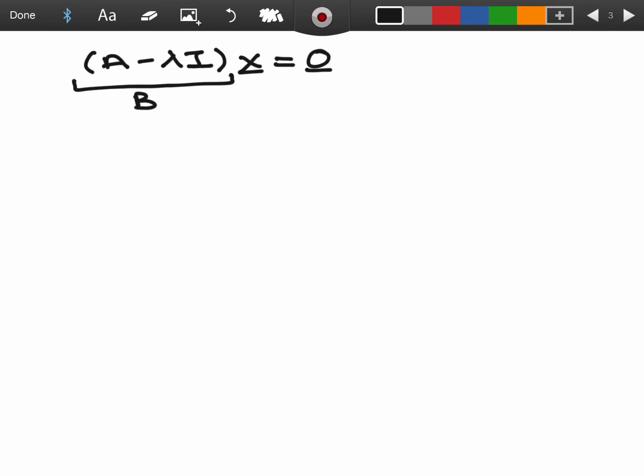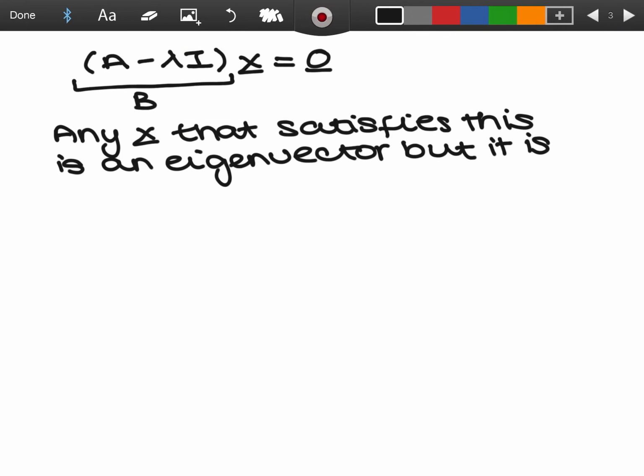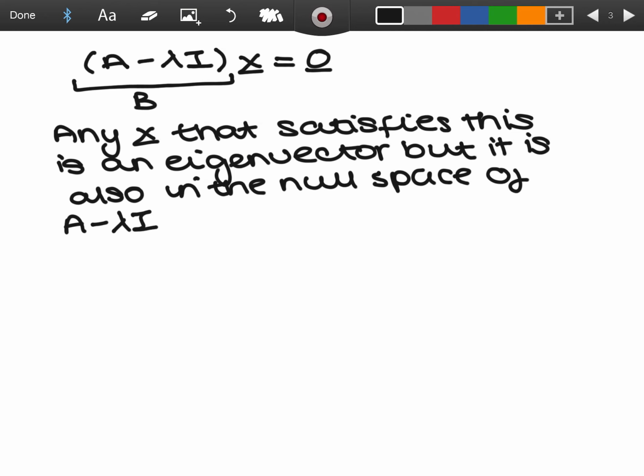Okay, so if you can find an x that lands in there, then it would be in the null space of B, or in the null space of A minus lambda I. So any x that satisfies this, not only is it an eigenvector, but it is also in the null space of A minus lambda I, because I can take A minus lambda I, multiply it by that vector, and end up back at 0. So that vector will be mapped to 0 by A minus lambda I.